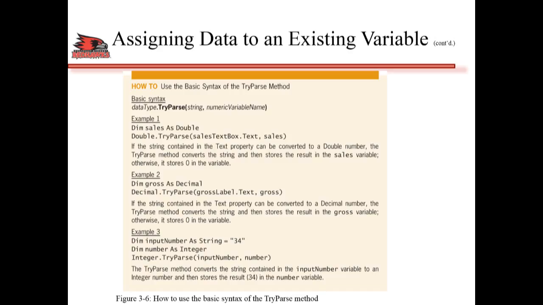You write the code such as double, which is what you want to convert to, then TryParse, then in parentheses the text in the sales text box, identified as salesTextBox.Text, and then a comma and the variable you're trying to store into, which is sales here. Once you've done that, in sales you may record the number of sales or the number of orders, and then using that information you can compute total revenue in a day or a month or anything like that.